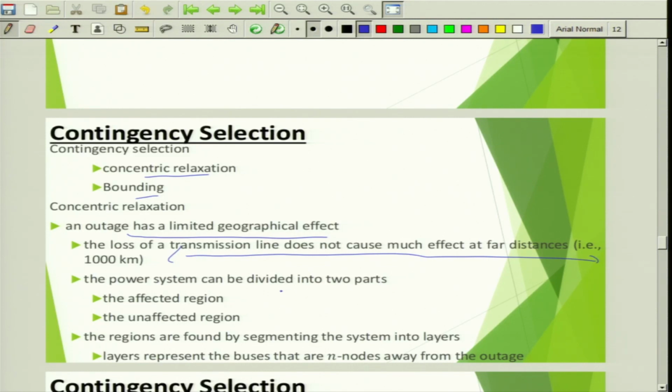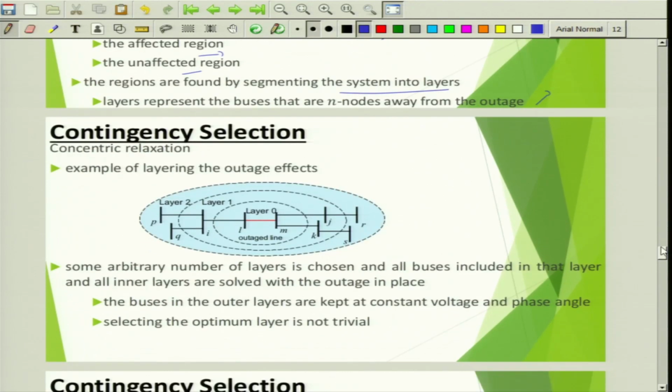So the power system can be divided into two parts, the affected region and the unaffected region. So let's segregate into affected region and unaffected region. The regions are found by segmenting the system into layers. Layers represent the buses that are n nodes away from the outage. See, this is how we do it basically. Example of layering the outage effects.